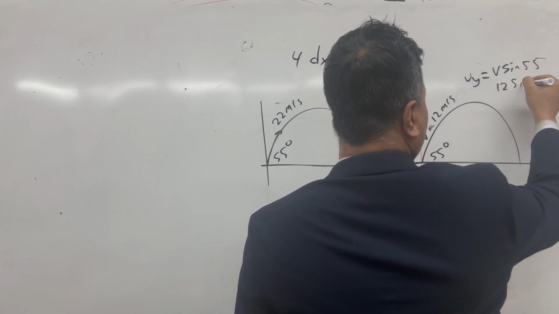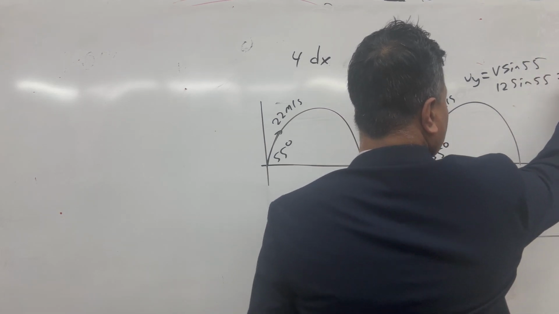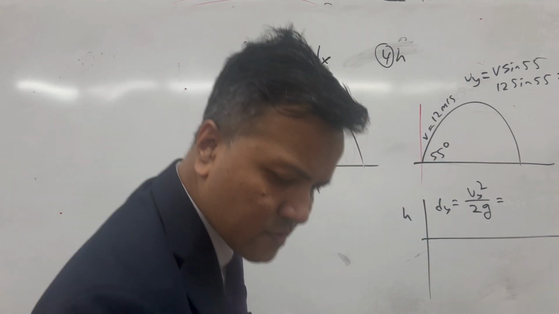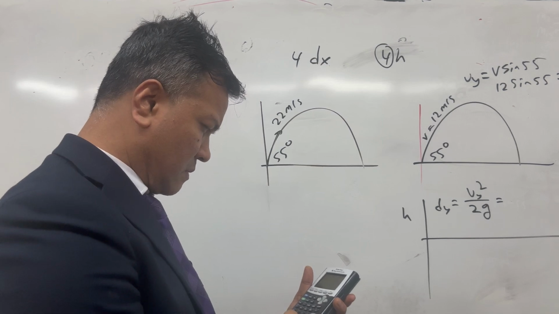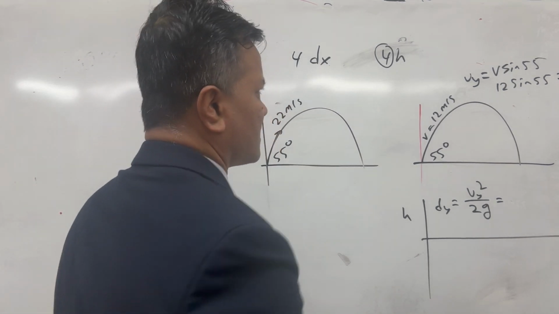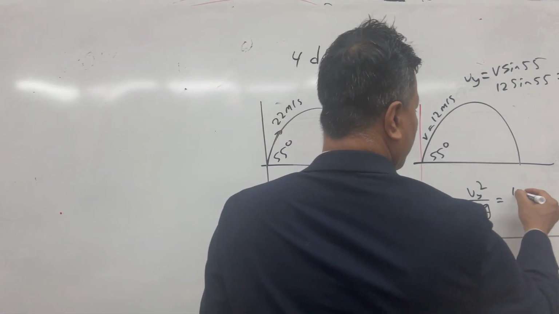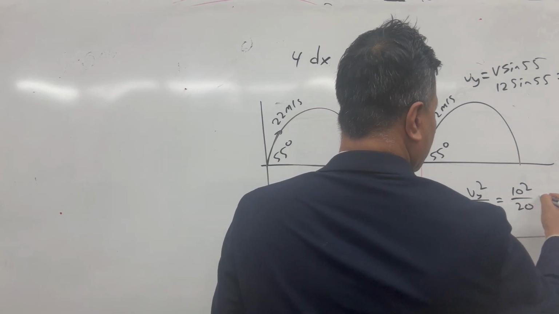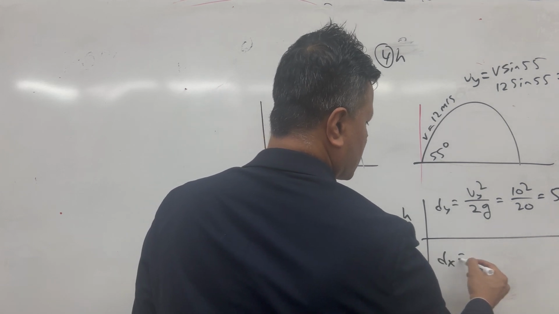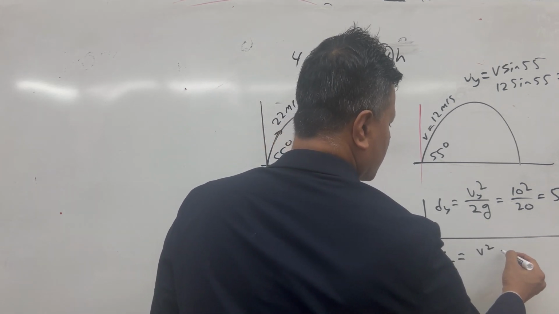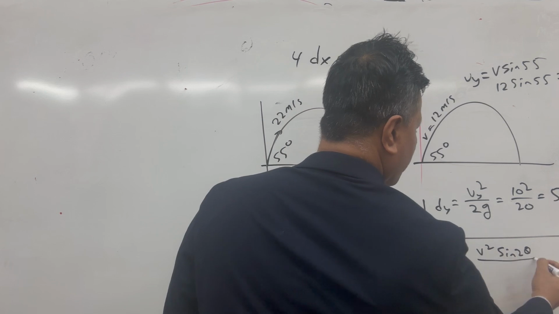So 12 sine 55 is about 10. With g as 9.8, that's 10 squared over 20, so it's 5. And let's see, find dx. dx is v squared sine 2 theta over g.